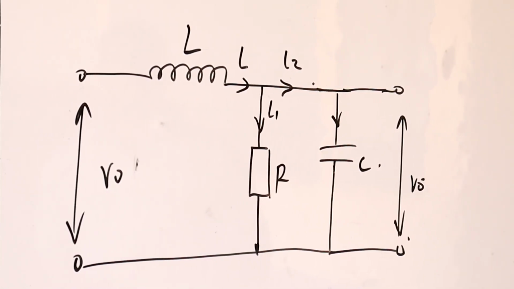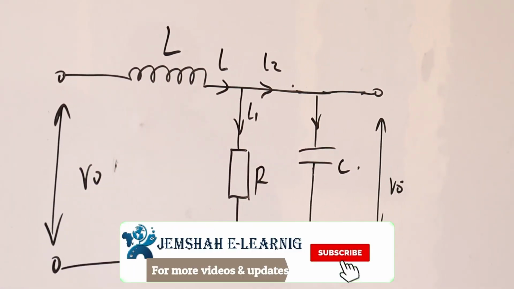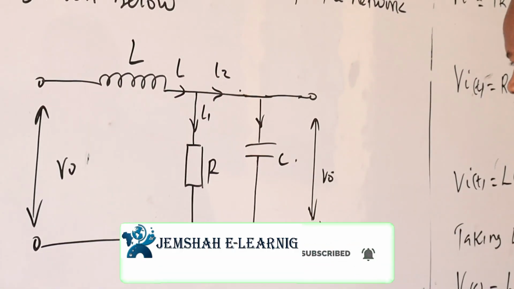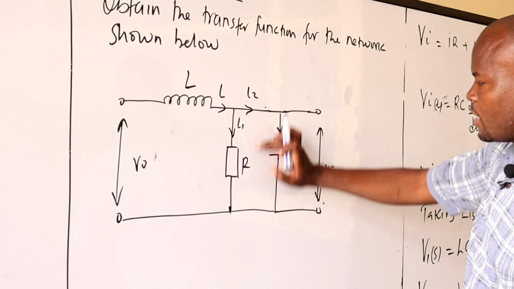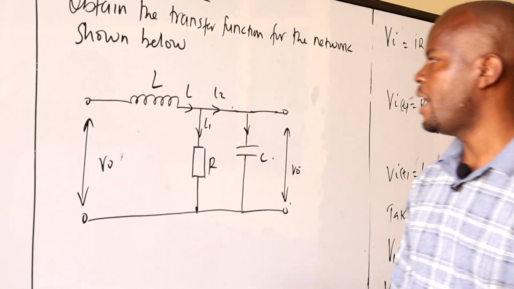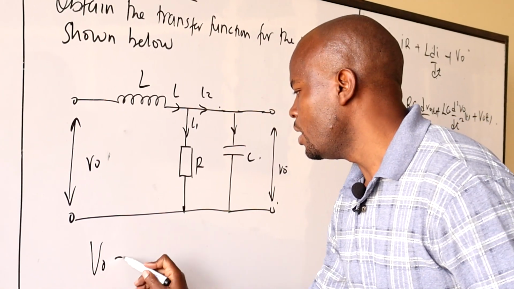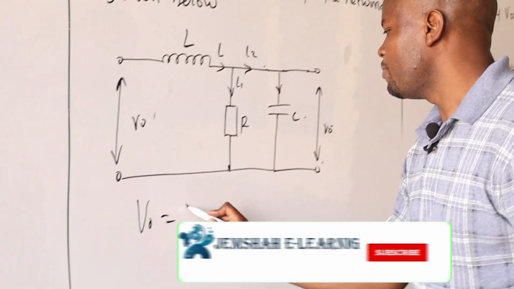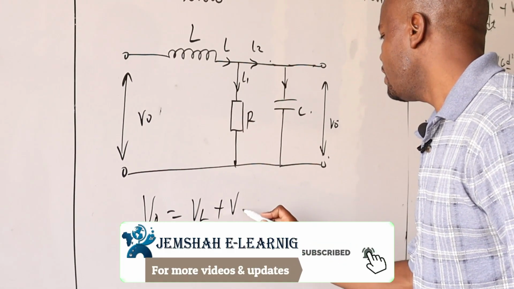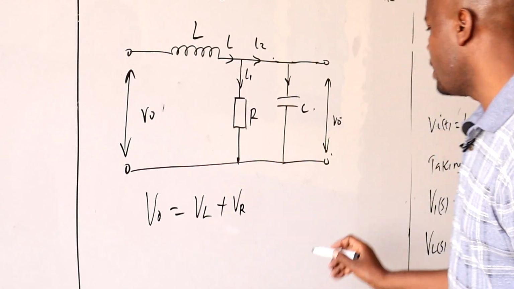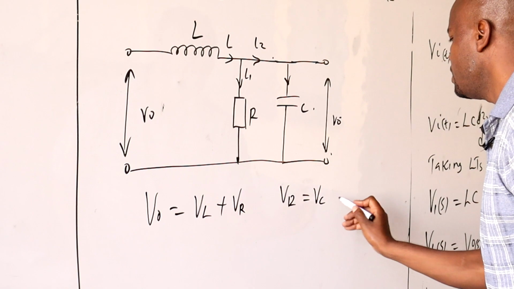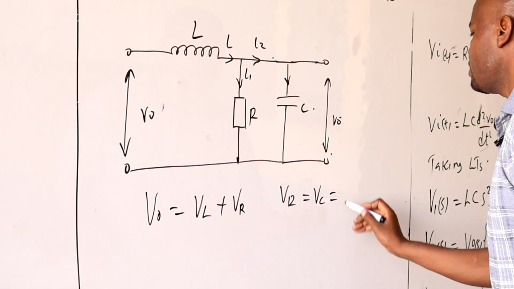So the first thing we are going to do is see that the voltage at R and at that point are in parallel, which means that V out equals VL plus VR, or we can talk of VR, which is the same as VC, and also the same as V out.